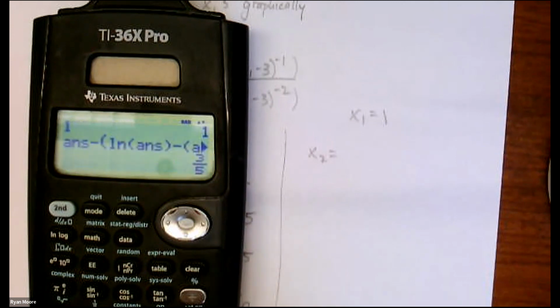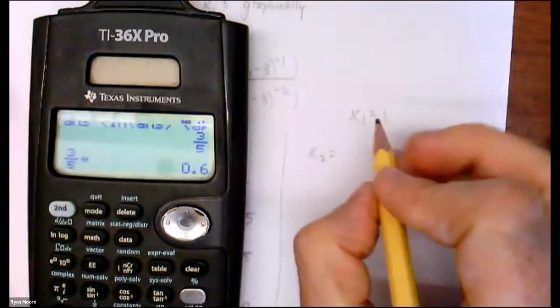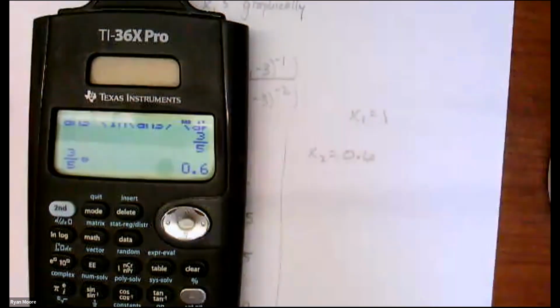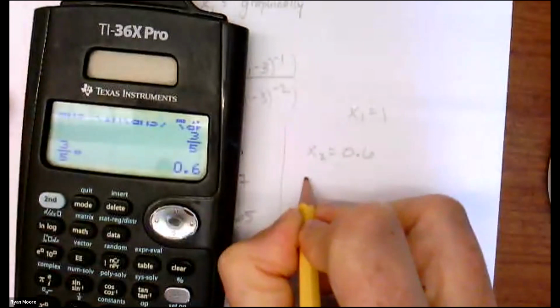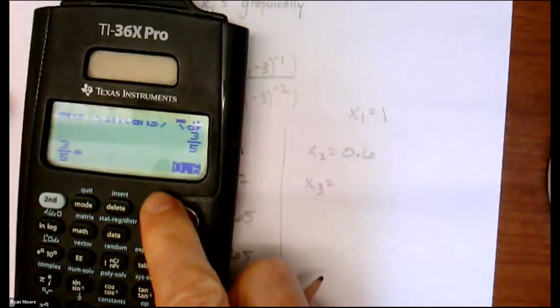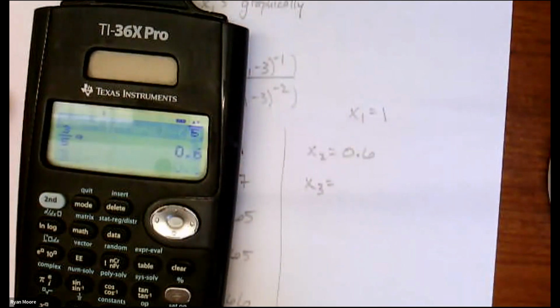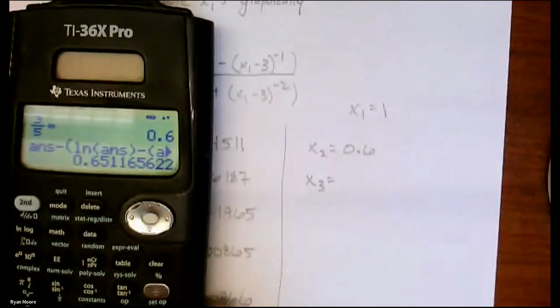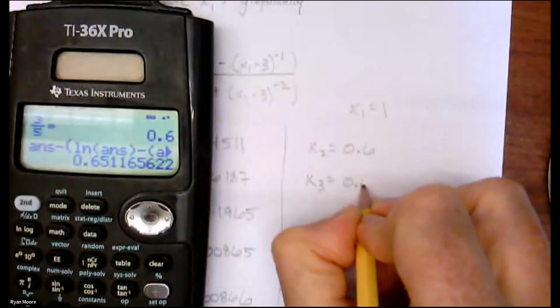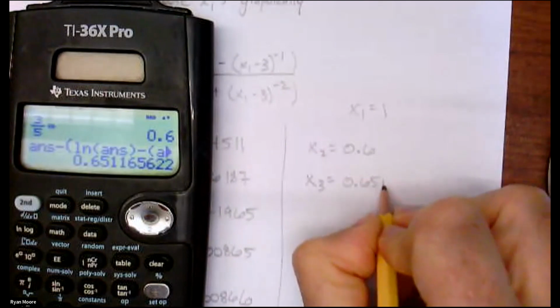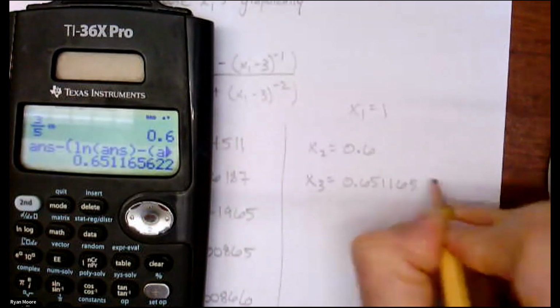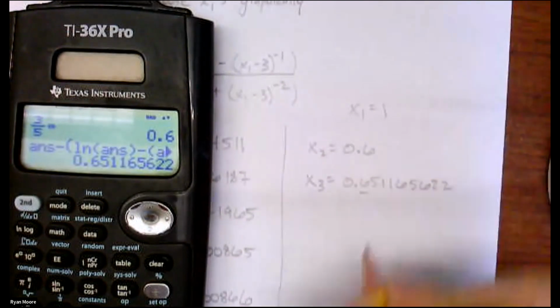And I think we can just jump to it. So X2 happens to be exactly 0.6. Okay. Then again, I can kind of scroll up. And here we go. There's X3, 0.651165622. We got the 6 to repeat.